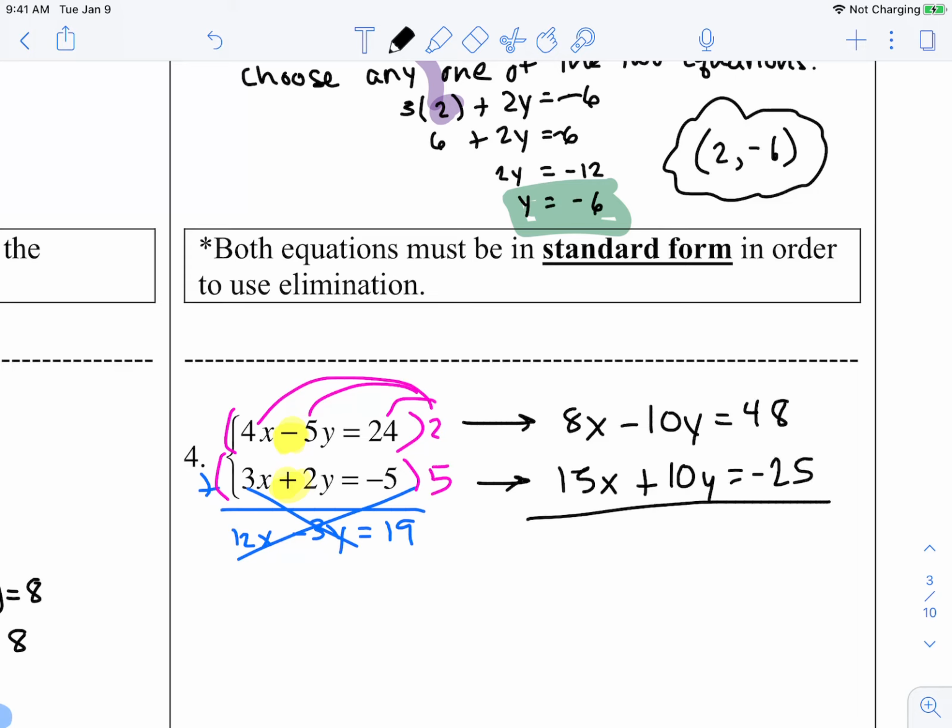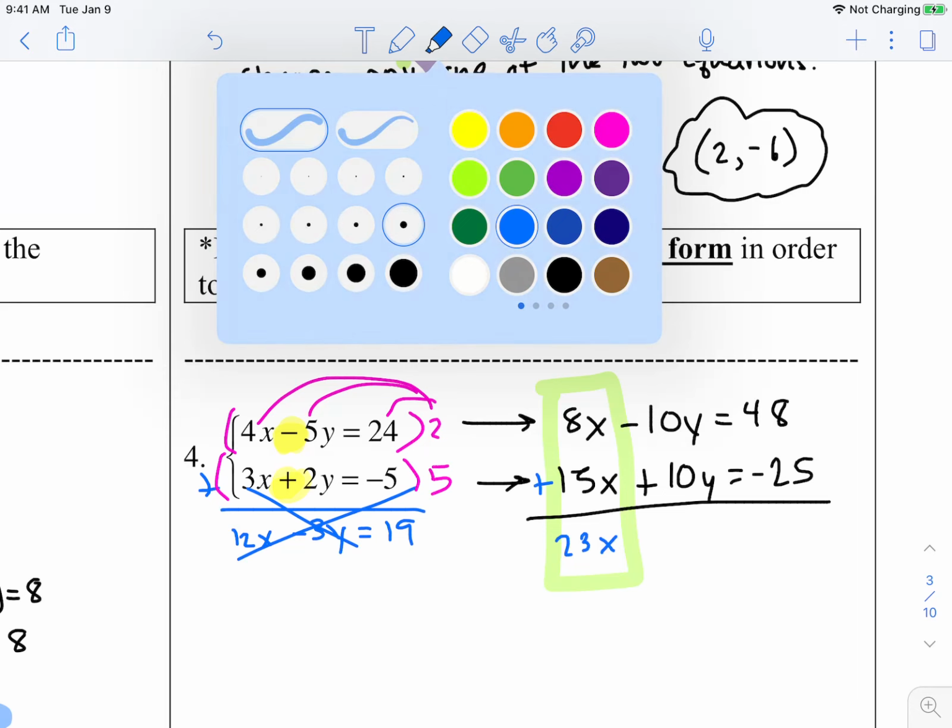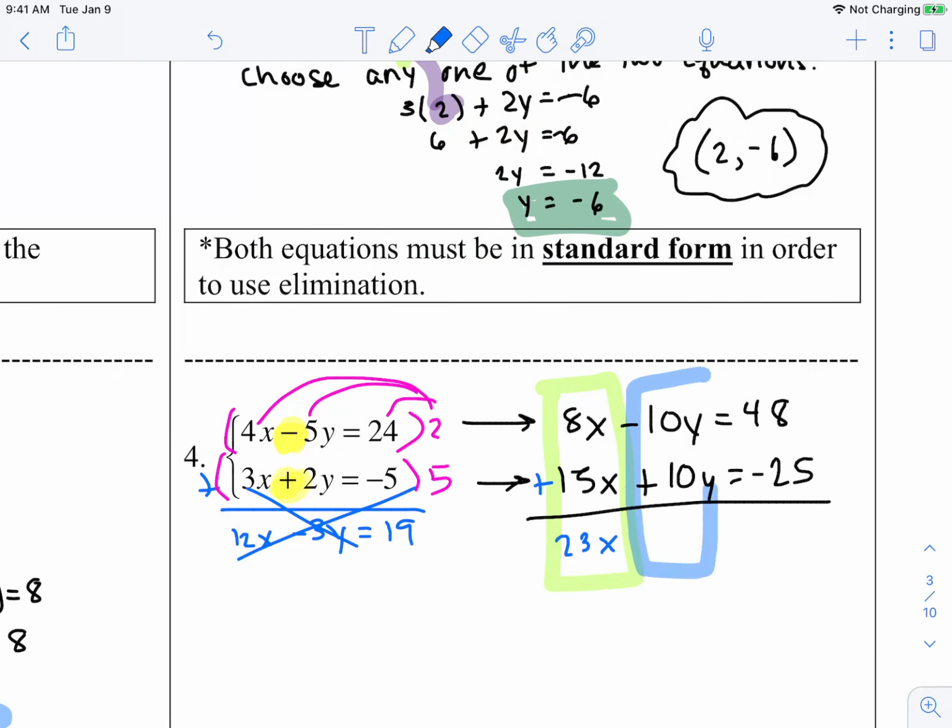Now the nice thing about this is we're going to add these two equations up, and we see that when I add the x's up, I get 23x. When I add the y's up, I get a 0y. That's what I wanted.